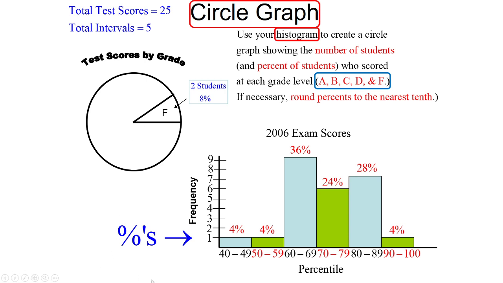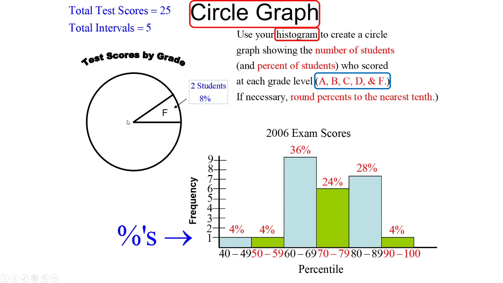Now, let's go to my D's, which was 36% of the data. So I'm going to go 0.36 times 360. And I'm getting a pretty large angle of 129.6 degrees there. So, 90 degrees, you know what a perpendicular looks like. And then we got to go another 40 degrees beyond that?